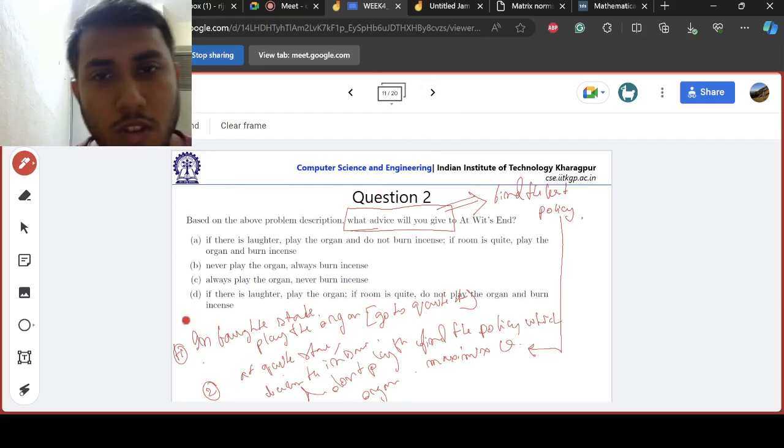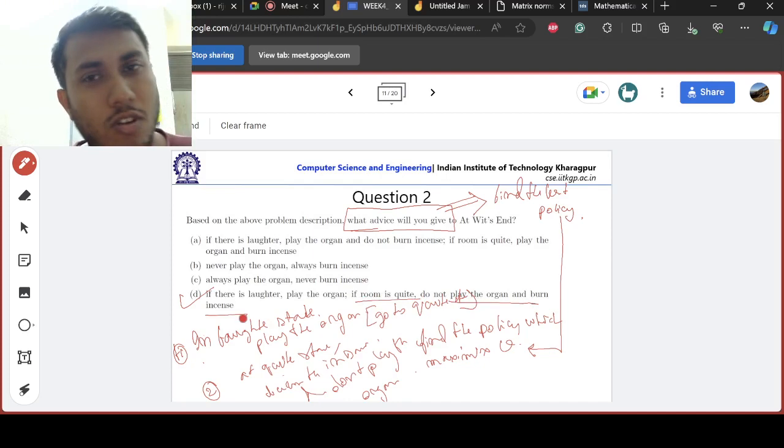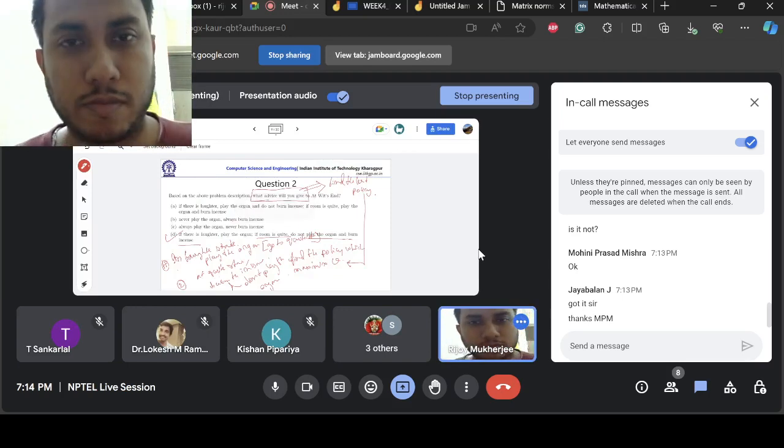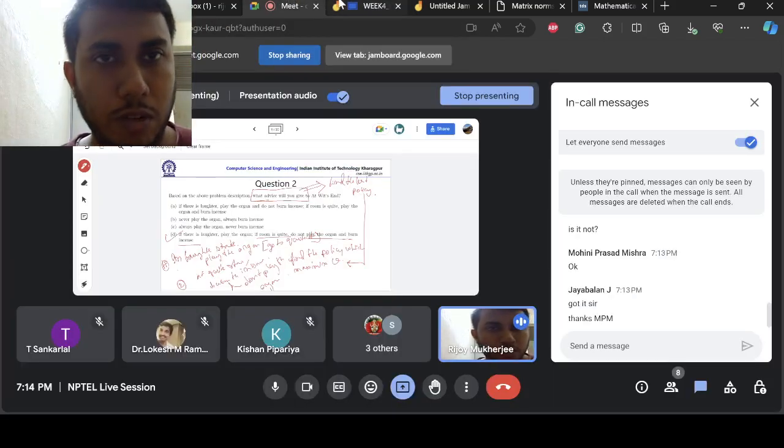So the correct answer is option D. If there is laughter, play the organ. If the room is quiet, do not play the organ and burn the incense. That is the optimal policy you can find to get the maximum reward. Okay, let's continue and go to the next one.